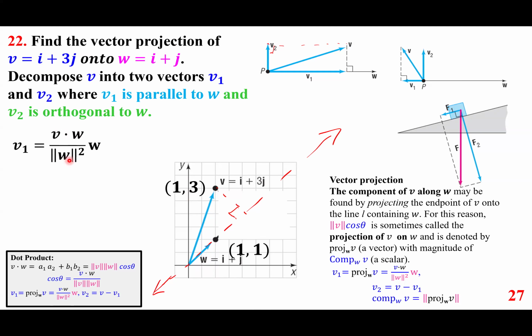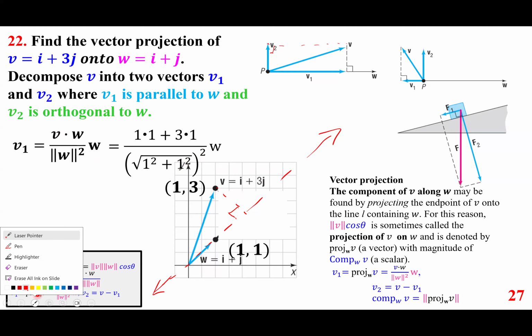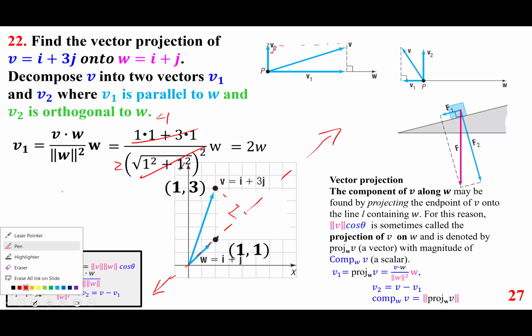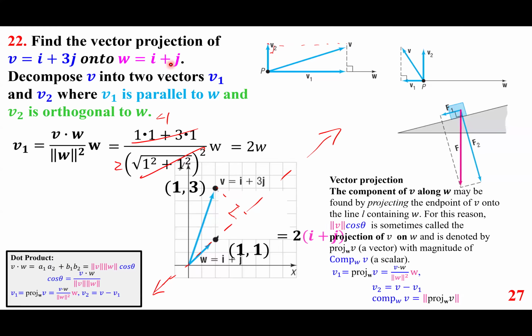That would be the magnitude of W, square root of 1 squared plus 1 squared, and the entire thing squared times W. Please understand, this is 2. It is raised to the power of 2. So square root of 2 becomes 2. And this is 4. So we get 2 times W, which is 2 times i plus j. Of course, I have even shown beforehand that it's larger than that.